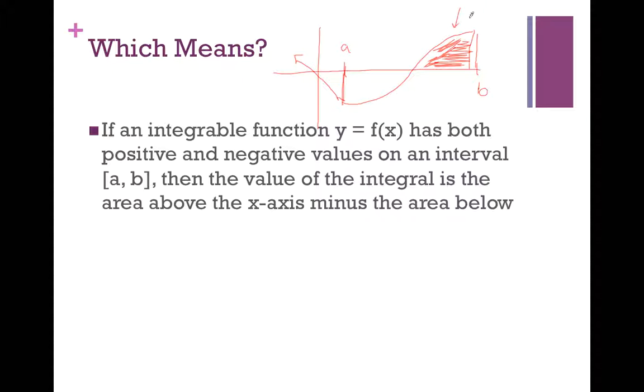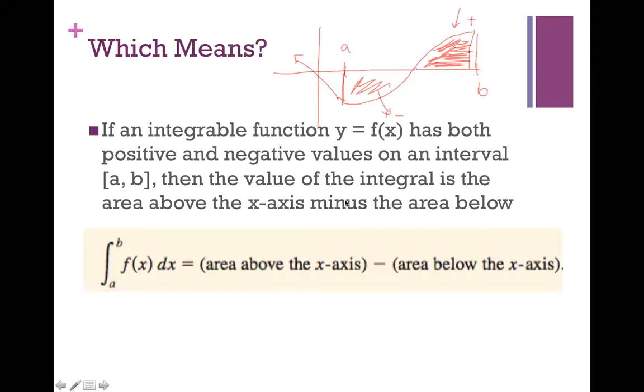So up here, this area is going to be positive, and down here, this area is going to be negative. So what we do is we split the area up. We split the integral up. It's the area above the x-axis minus the area below. And if you notice, if you subtract a negative area, you will get positive.